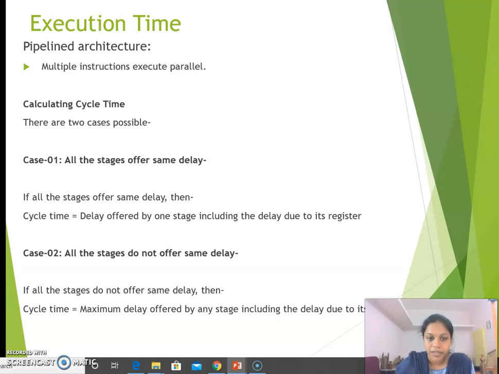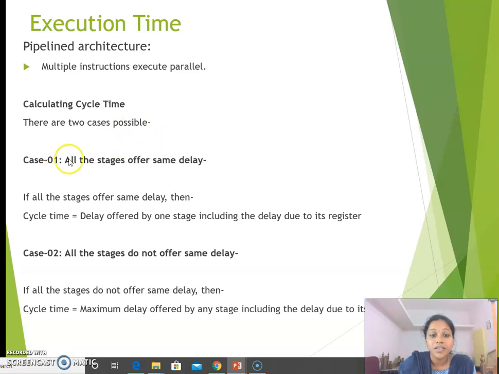But in the pipeline architecture, a new hardware component is inserted between every functional unit of the data path. That is, latches are there between each and every stage of the data path. So for the cycle time, case 1 is where all stages offer the same delay. Suppose instruction fetch takes 1 clock cycle, instruction decode also takes 1 clock cycle, and instruction execution also takes 1 clock cycle.